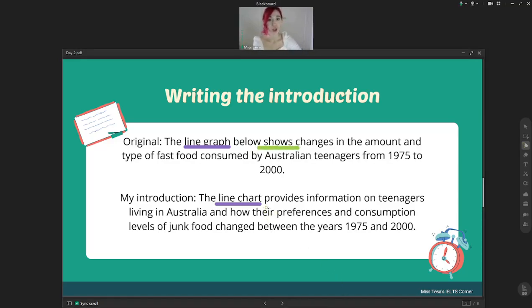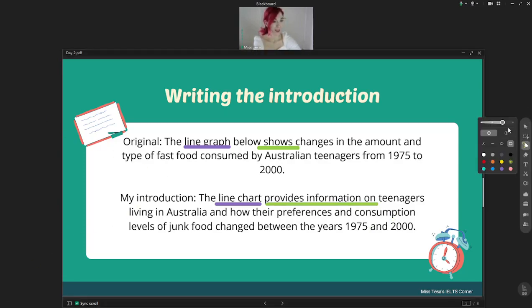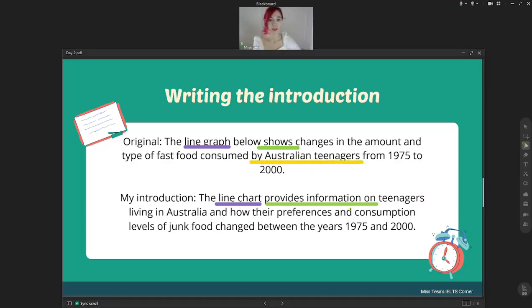So instead of shows, I said provides information on. And then I decided to put the subject of the study first. Here they said by Australian teenagers. I said teenagers living in Australia.